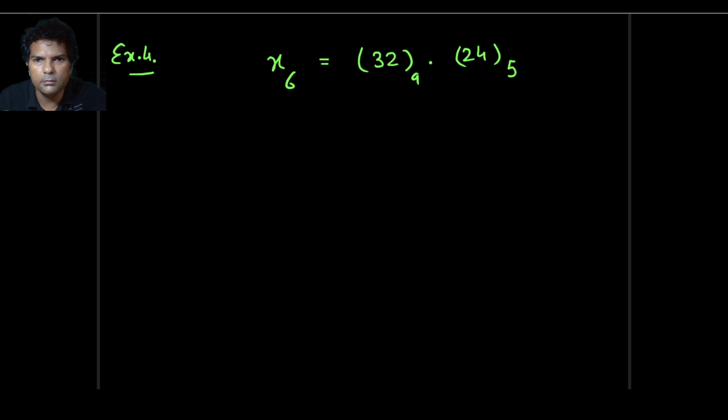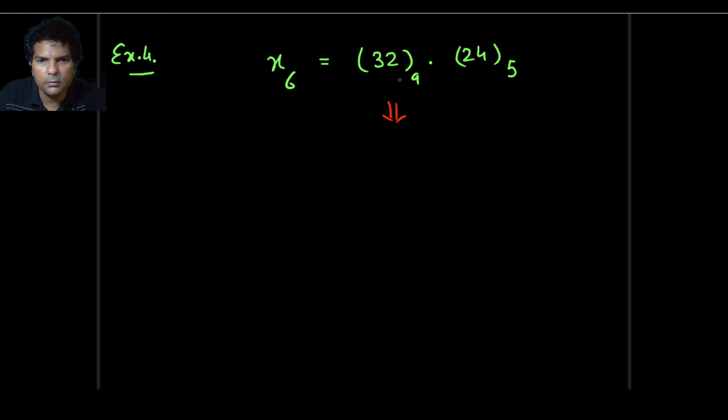So again just do the same procedure. On the right hand side the base 9 is given, and base 5 is given. So it is better to first convert into decimal.